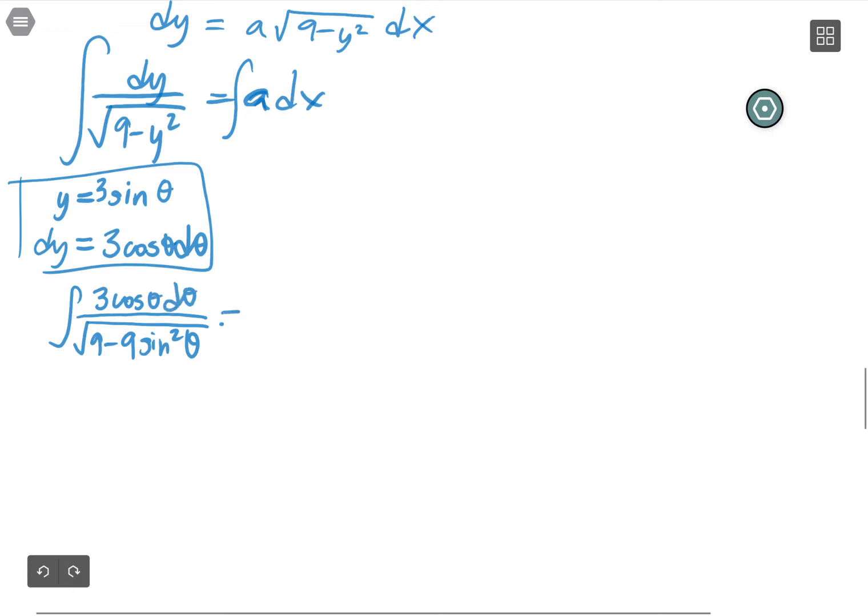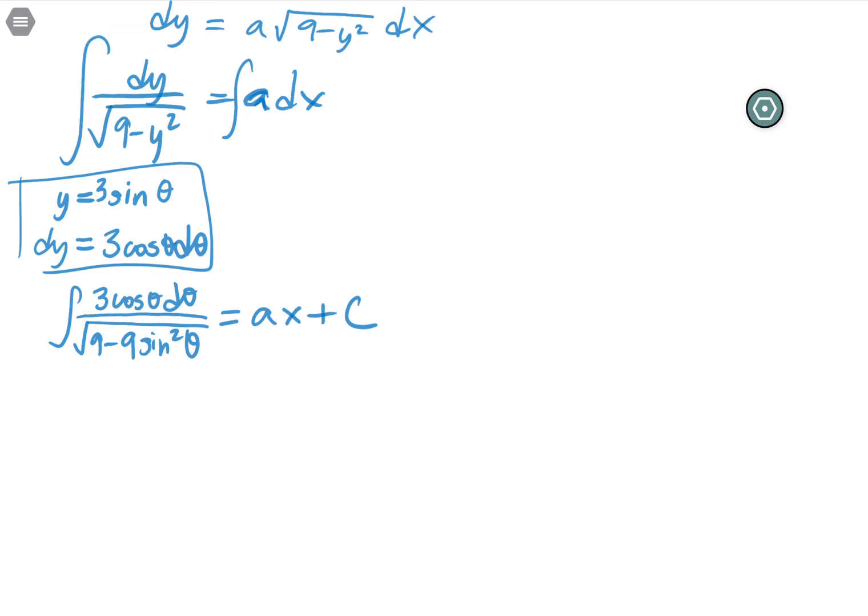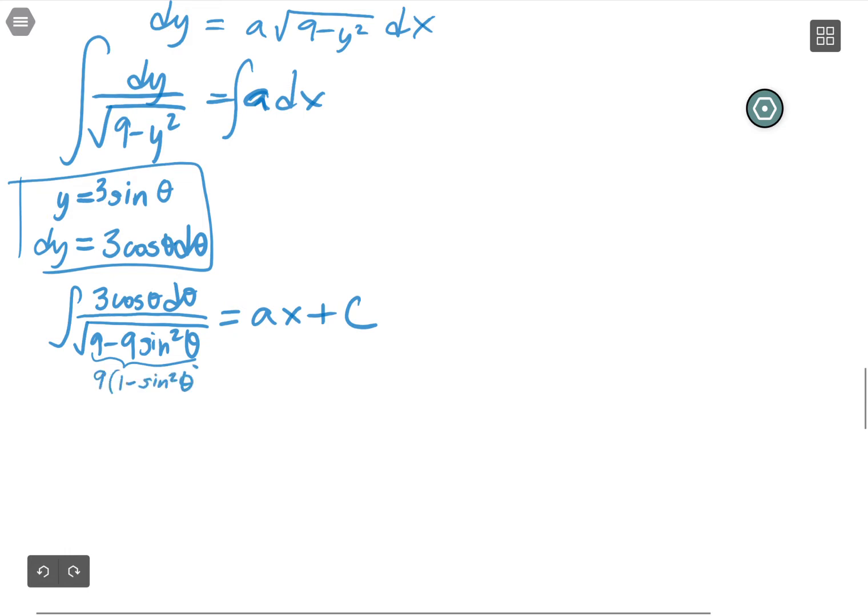On the other side, remember that a is just a constant, so its antiderivative is going to be ax plus c. So that side's really easy for us. As I work my way down here, you would factor out the 9, you'd get 1 minus sine squared theta, and that would become 9 cosine squared theta. So this turns into 3 cosine theta d theta on top.